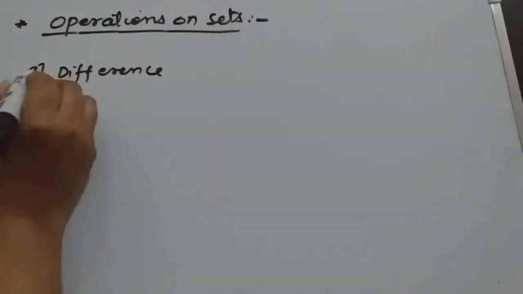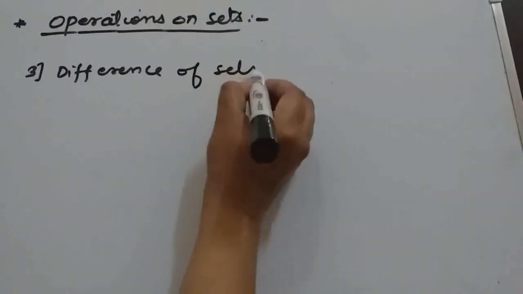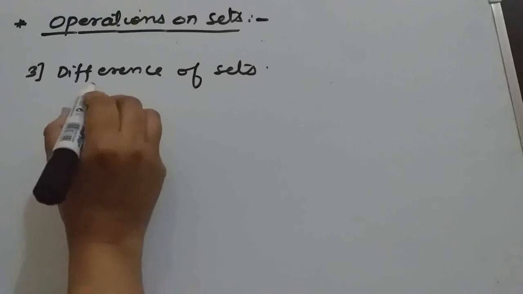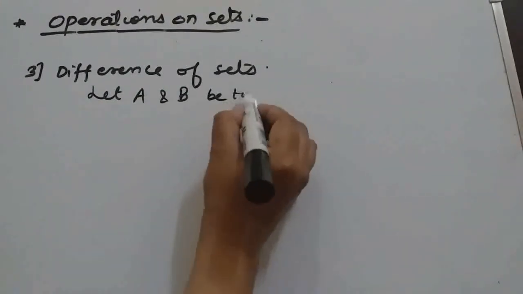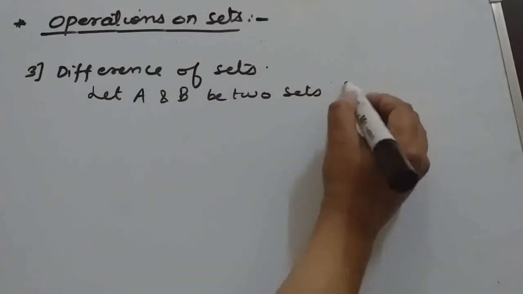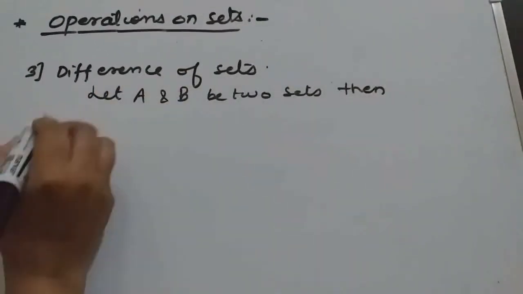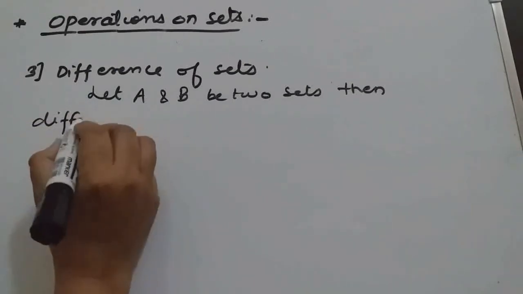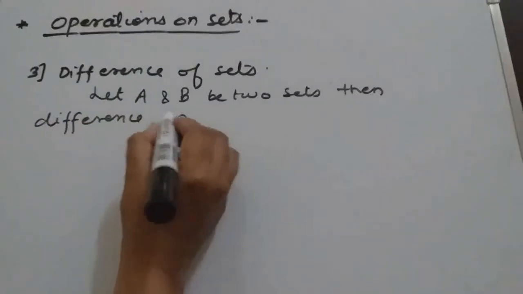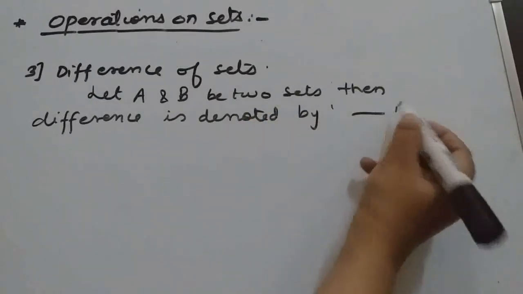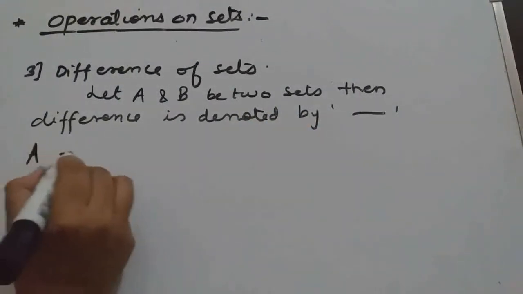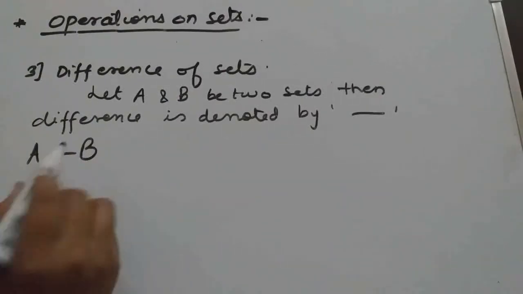Third operation is difference of sets. Let A and B be two sets. Difference means subtraction, isn't it? Difference is denoted by this minus sign and we write A minus B. Here order matters.